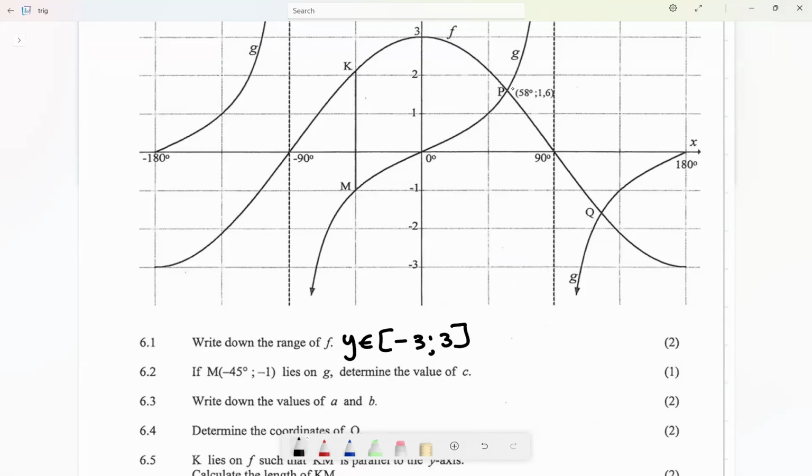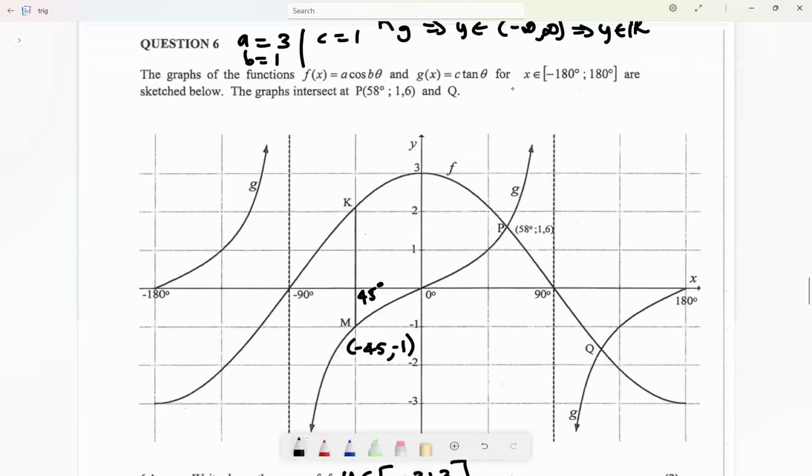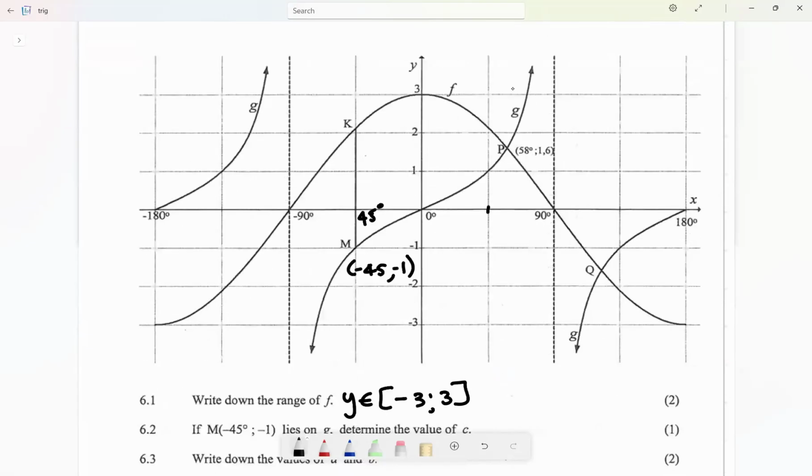It says if M is -45 and -1 here. So it tells me that the value of x here on that line is 45, and then the value is -1. I can see that. They say, if M of this coordinate lies on G, determine the value of C. Remember I told you, if here it is 45 and this is 1, it will be 1.